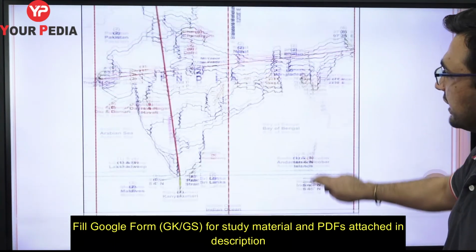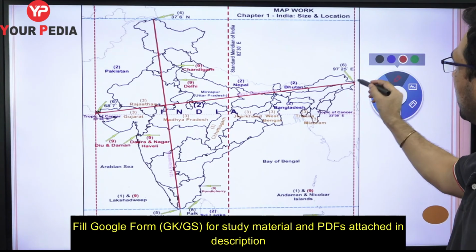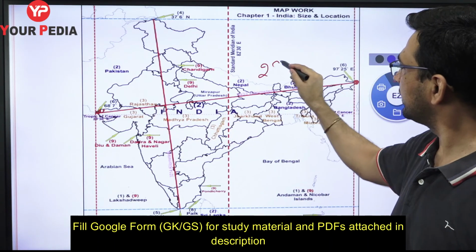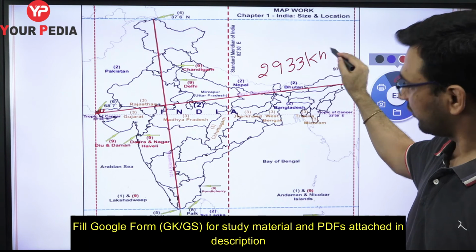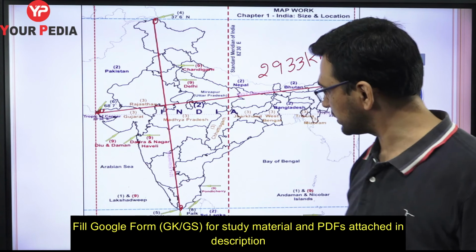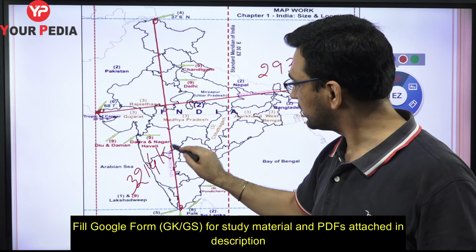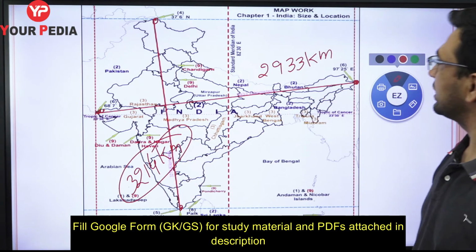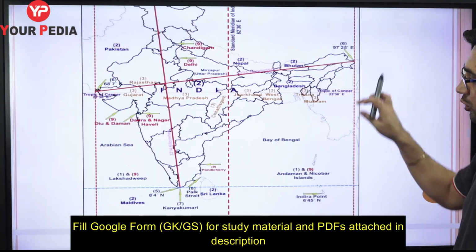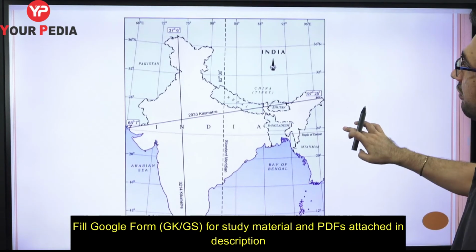And in terms of distance, direct distance, for example, this longitude to this longitude is going to be 2933 kilometers, whereas if you connect this latitude to this latitude, this straight distance is going to be, I think, 3214 kilometers. So north-south has more length. These exact figures you should also keep in mind.